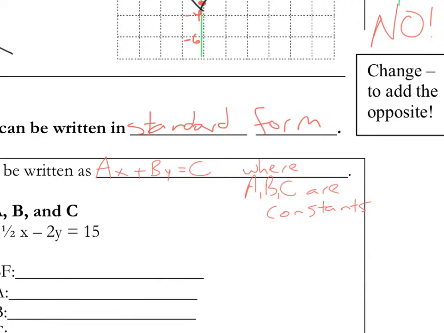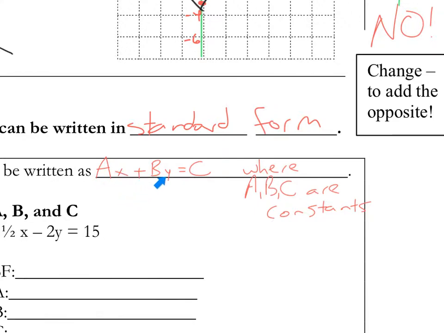One thing to point out, or a couple things to point out here. Notice that first of all, x and y are not attached to one another. They're not multiplied. They're two separate terms. They're separated by a plus sign here. Notice how there are no exponents. And x and y are not in the denominator.